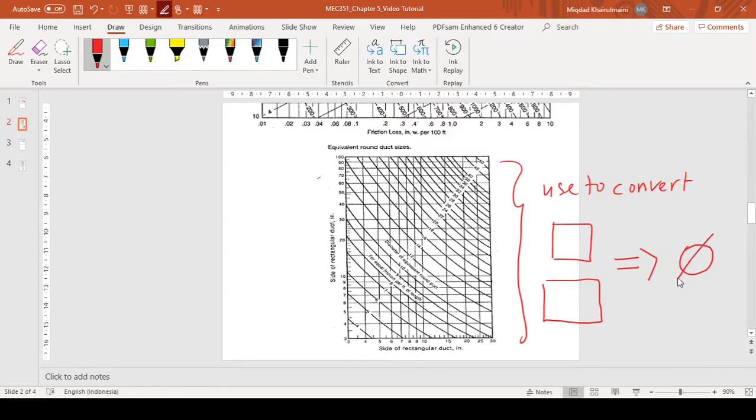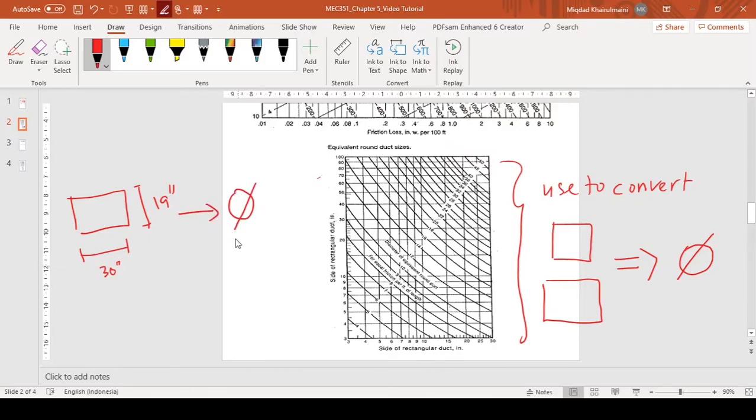We know that the length of the rectangular duct is 30 inches and the height is 19 inches. Using these two values, we can convert it into the diameter.